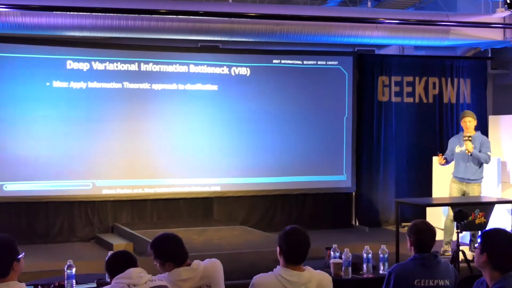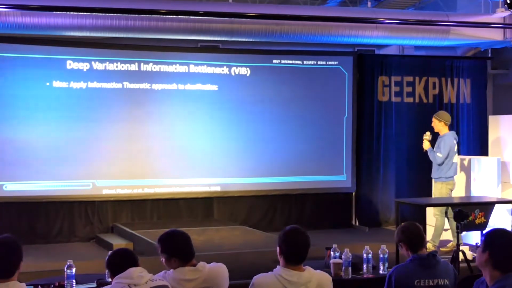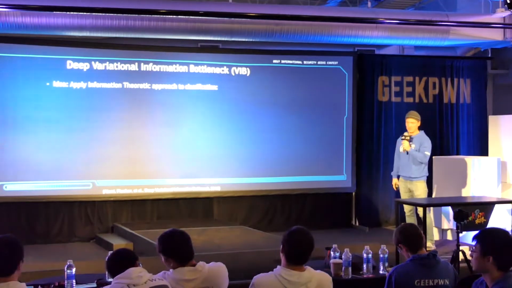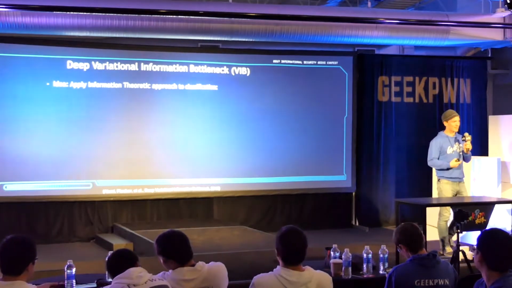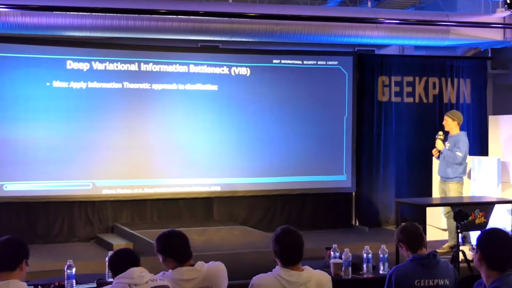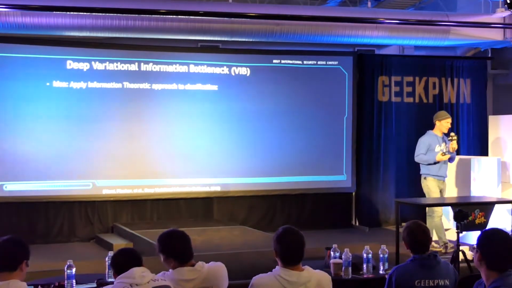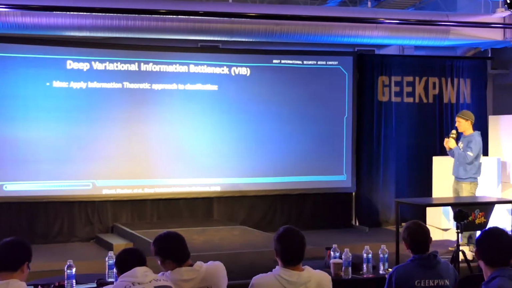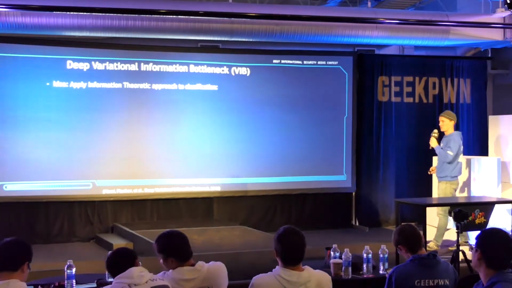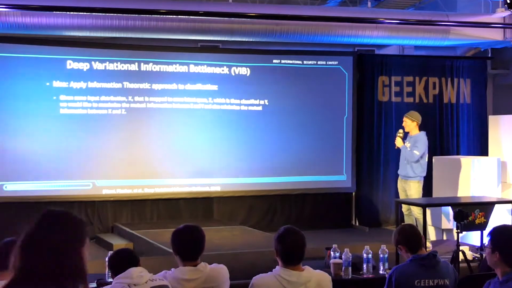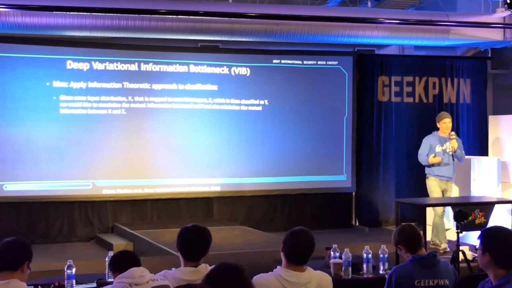So this is another bit of research that we did at Google, deep variational information bottleneck. This is really quite unrelated to adversarial examples. The core idea is that maybe we can do classification from an information theoretic perspective. And so what does that mean in this particular case?